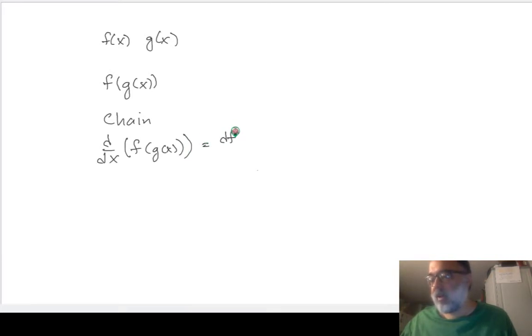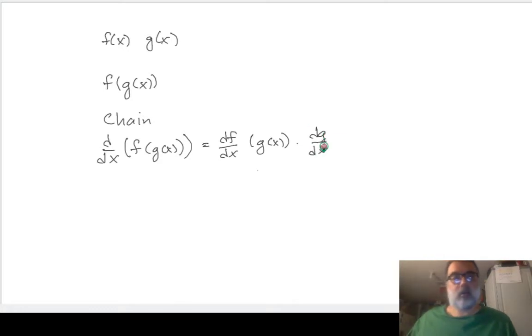It's the derivative of the outside function, keeping the same inside, times the derivative of the inside function, which maybe you see the idea that you're putting the x into that, right? Thinking about it as a function. Okay, so we're going to use this.